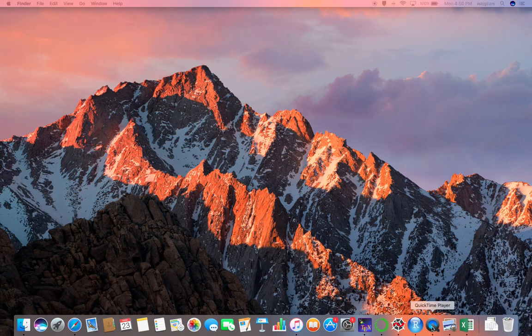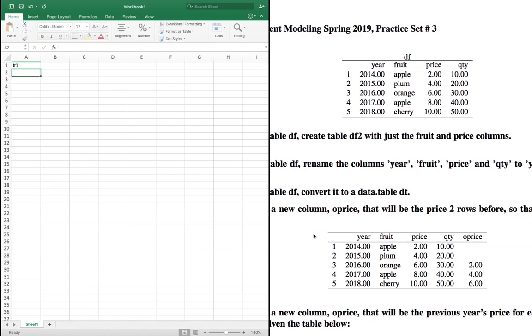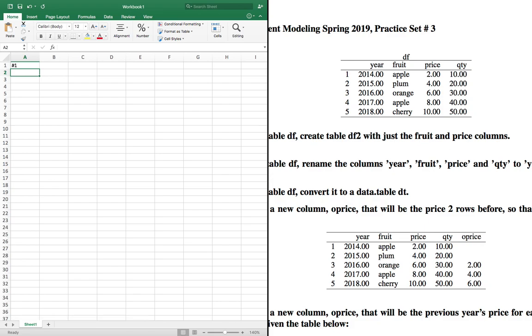Over here, sorry. Find my camera. All right, perfect. There we go. So number 1, here we go. Table DF. DF2 equals, let me make this a little bit bigger.